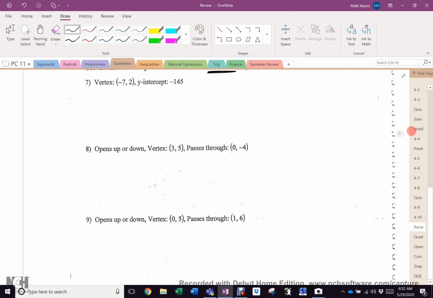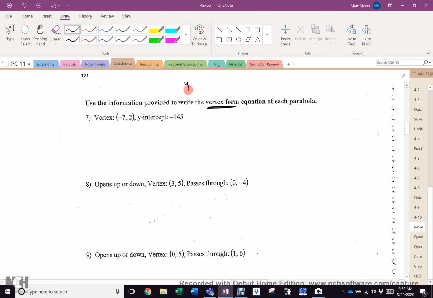Right. So I've got the vertex and the y-intercept. So we remember vertex form is y equals a (x minus p), or whatever letter I use, I can never remember, plus q. So what do I have here? I have a vertex, so y equals a (x plus 7) squared plus 2.